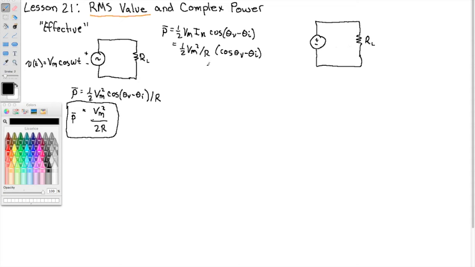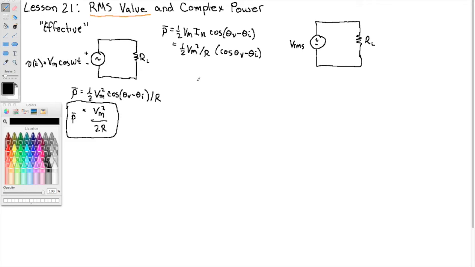So RL, and we're going to call this source V Rms. Well, question: what must V Rms be so that the resistor in the DC circuit absorbs the same power as it did on average in the AC circuit?